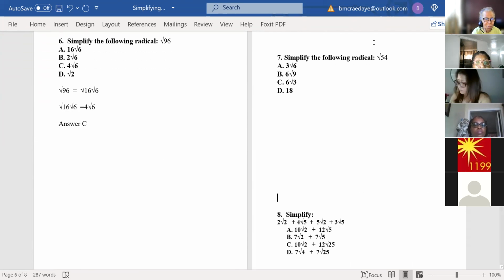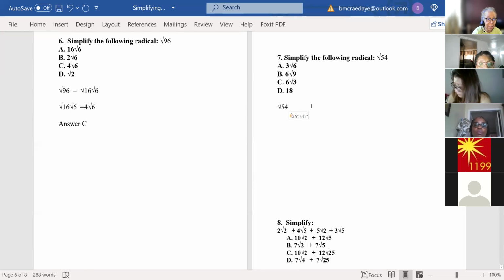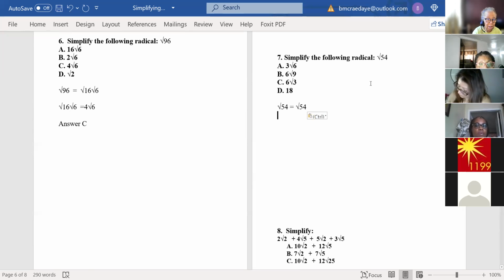Okay, so Maureen says 6 and 9. That means you take the square root of 54 and you put the factors 6 and 9. So this would be equal to, and let's put square root of 9, and that has a perfect square root.